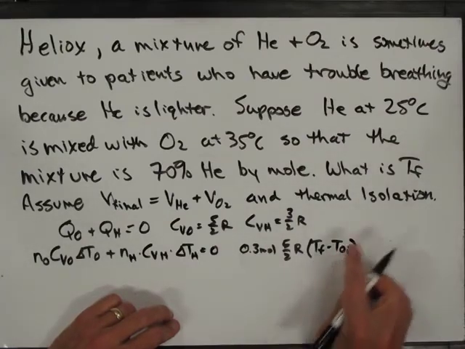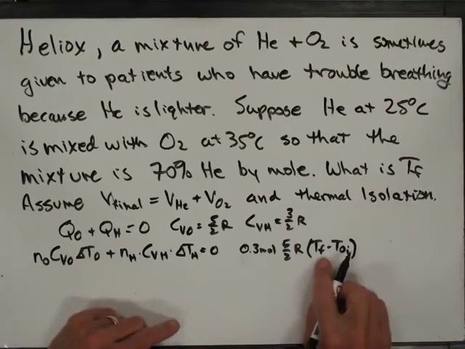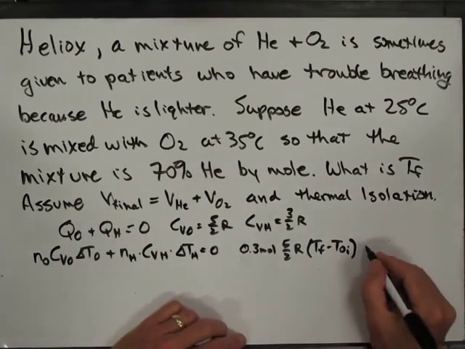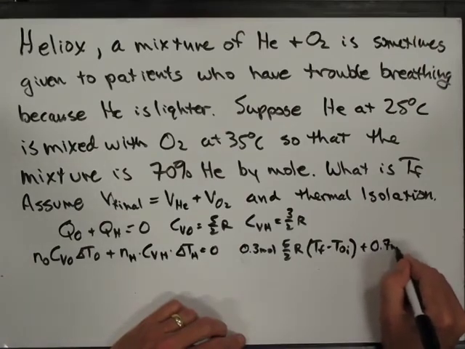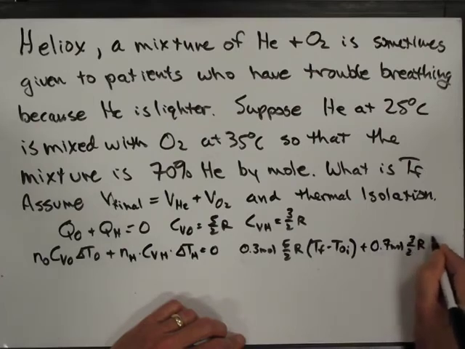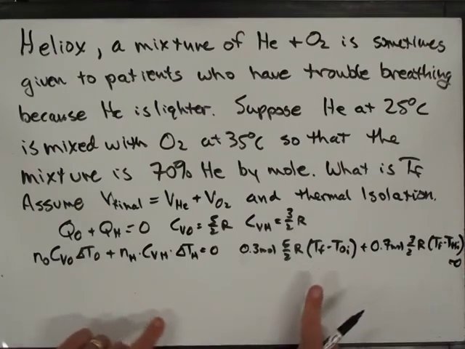T final is the final mixture of the pair. They're both at the same temperature. This thing is at 35 degrees, right? Plus 0.7 moles times 3/2 R times T final minus T helium initial, and that's equal to 0. All right, that's just rewriting this.